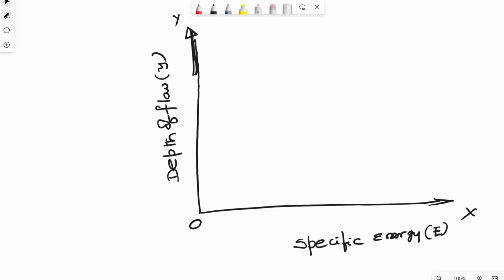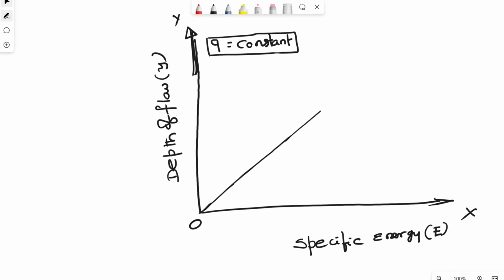What is constant? I already mentioned at the top, you write Q is equal to constant. Q is nothing but discharge per unit width, that is constant. So now if we plot a graph, the first thing is you draw a 45 degrees line.